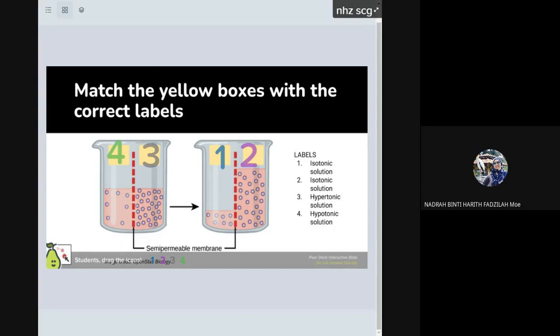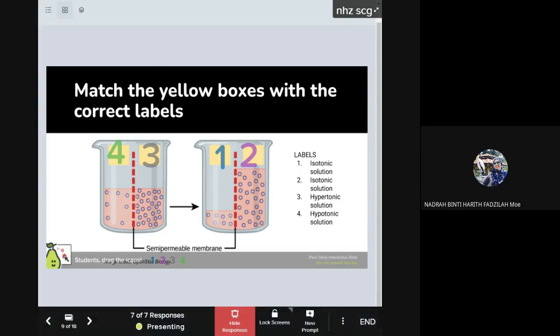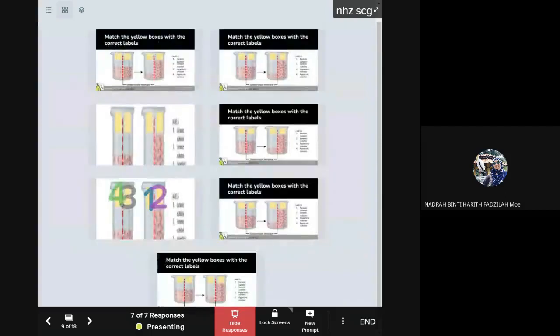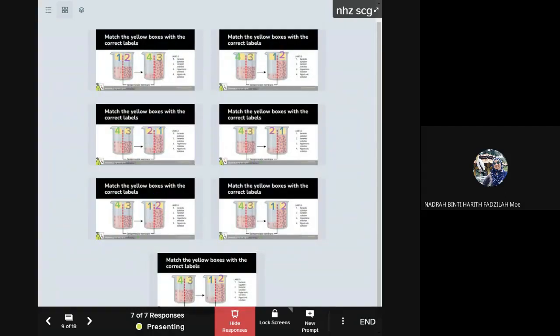Kita nampak volume dia naik, tapi in terms of number of free water molecules atau water potential sudah sama. Kenapa kita nampak volume dia naik? Sebab the number of solute masih lagi berbeza, kan? Tetapi number of water molecules sudah sama, so both of these solution has already achieved dynamic equilibrium.